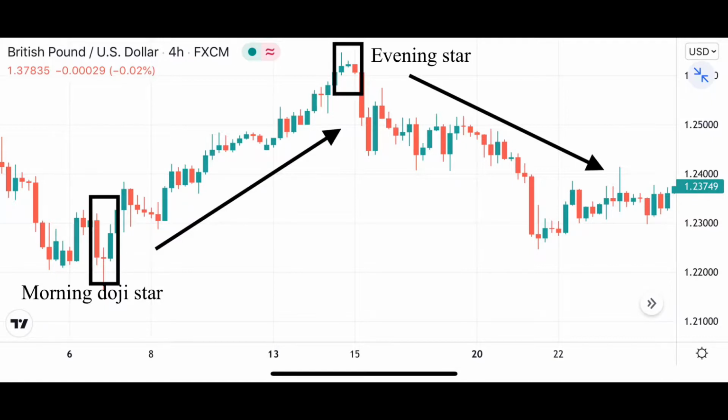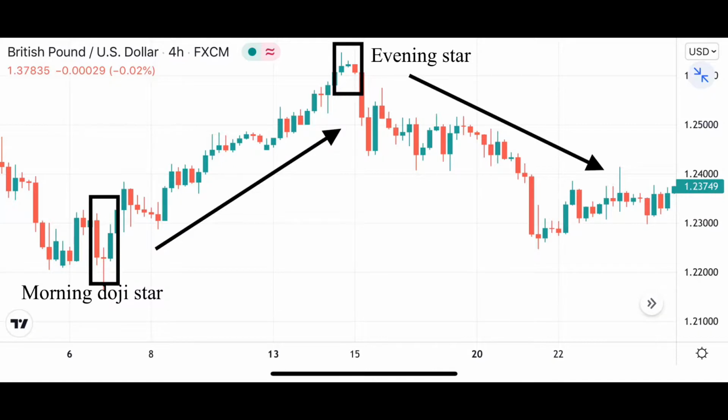Like the evening star over here, the middle candlestick is not a doji candlestick, so we just call it an evening candlestick, and it doesn't really matter the color or how it closes. I'm talking about the middle candlestick.